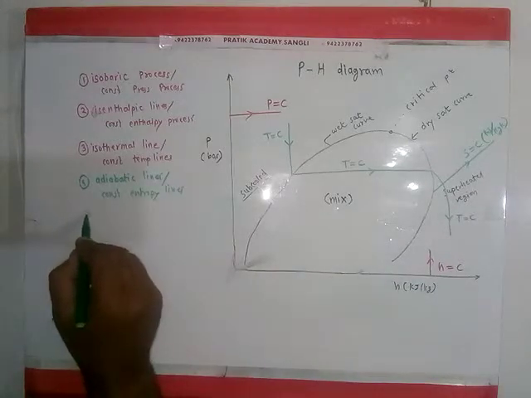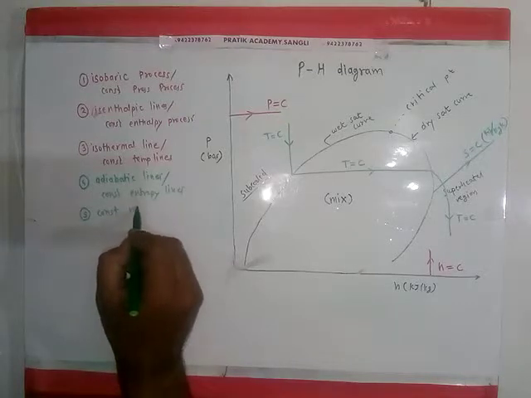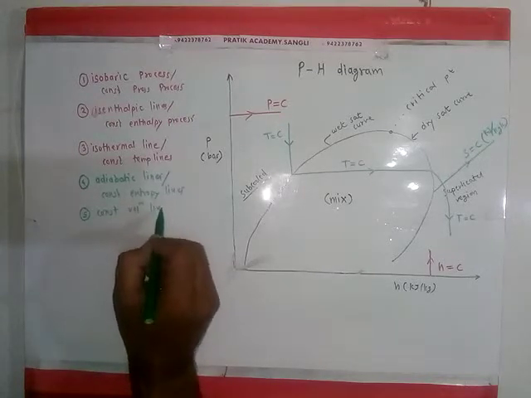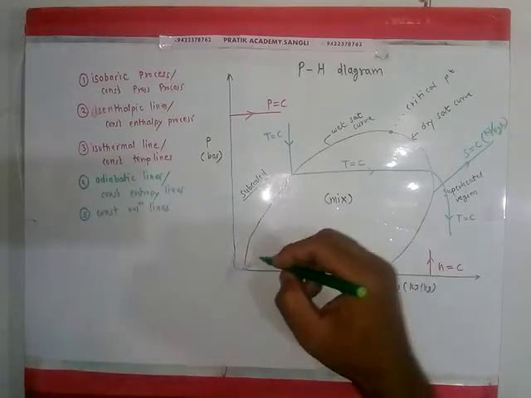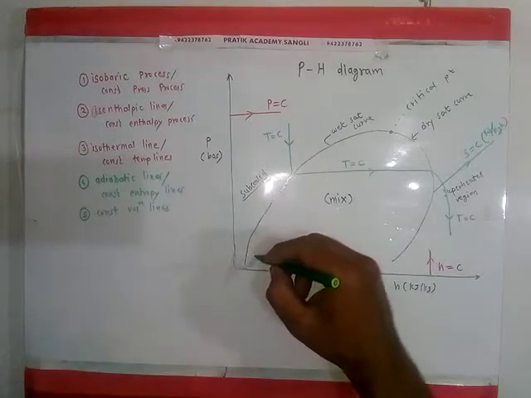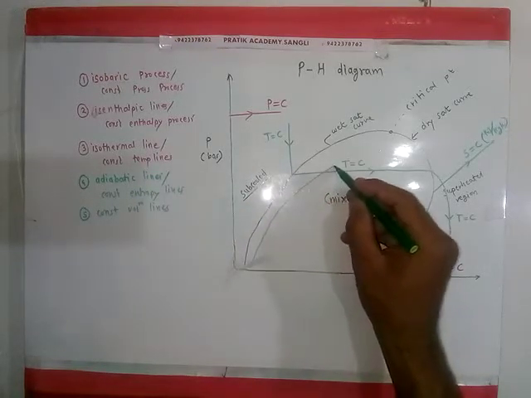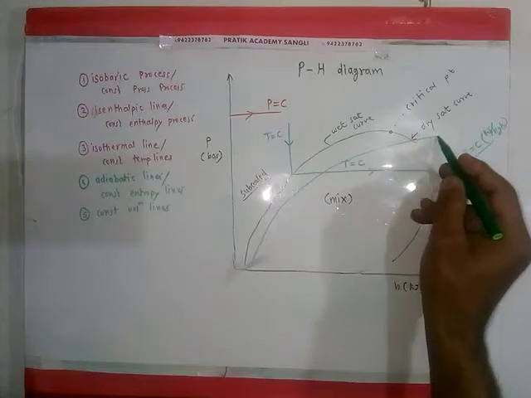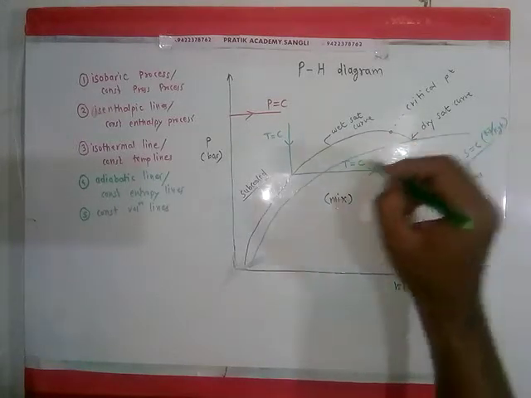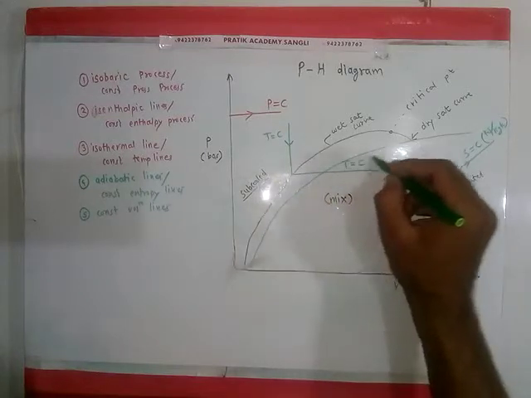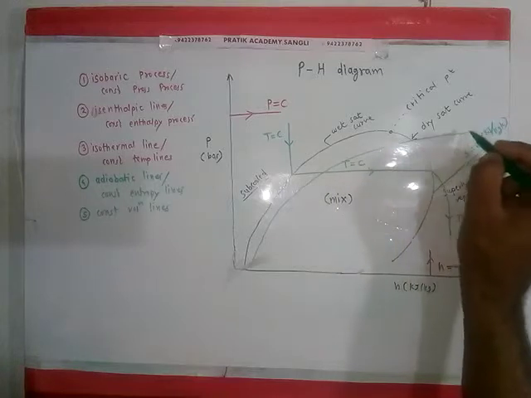Then next important are constant volume lines. They start from somewhere here. Initially their slope is higher, but as the lines cross the saturation curve, their slope decreases. So constant volume lines have this nature.